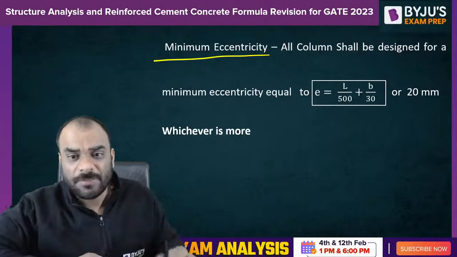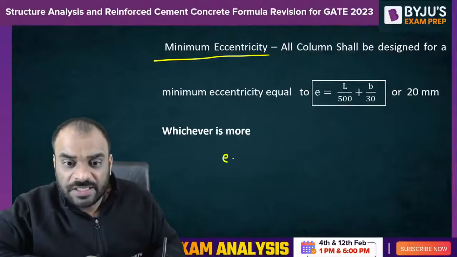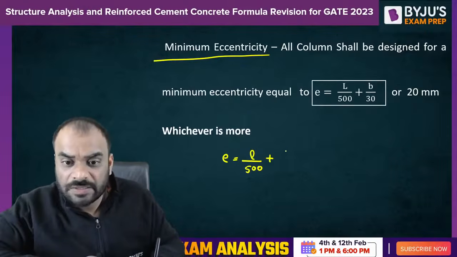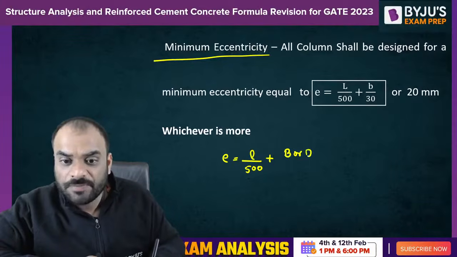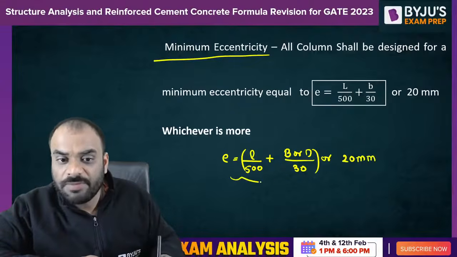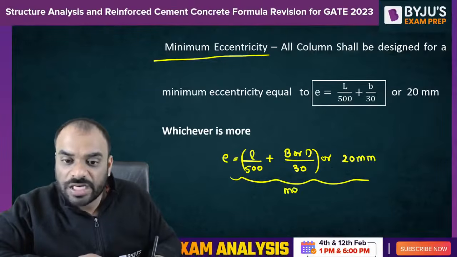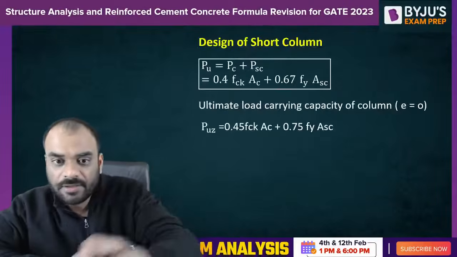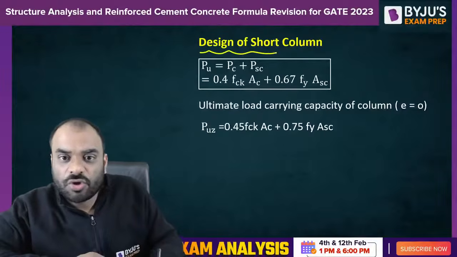So what is our formula to calculate the eccentricity? e is equal to L, the unsupported length of the column, divided by 500, plus B or D divided by 30, or 20 mm, whichever is more. That will be our minimum eccentricity. Clear?